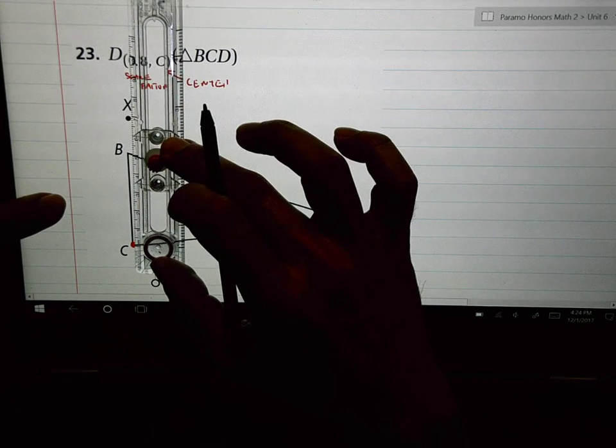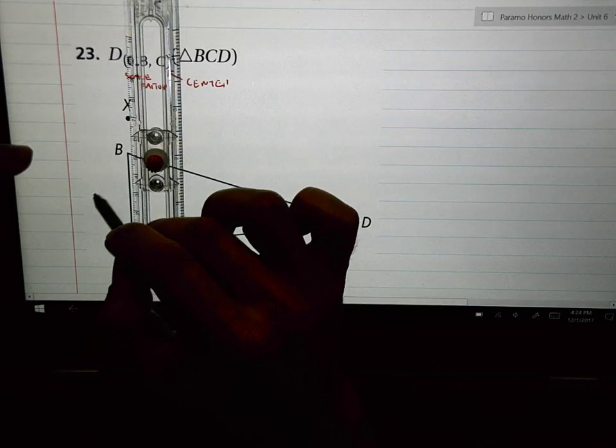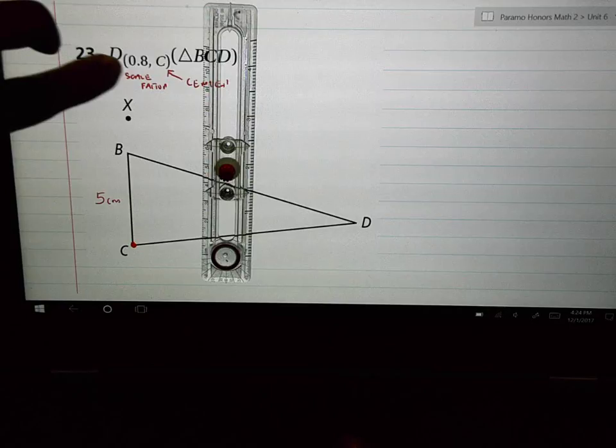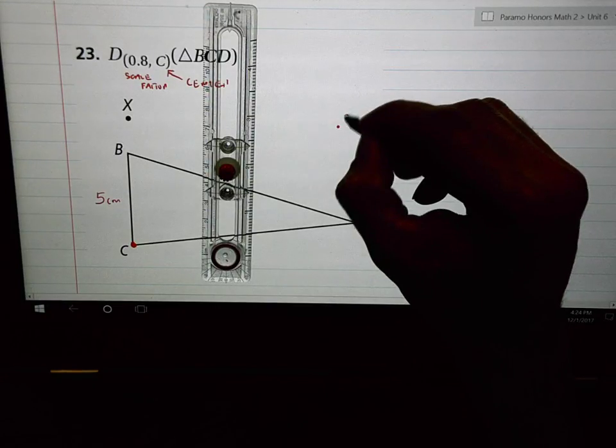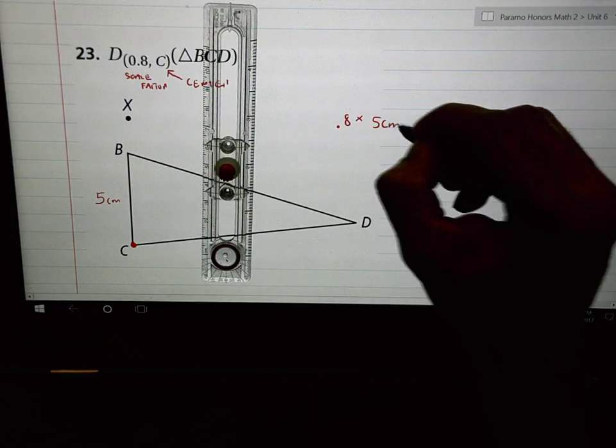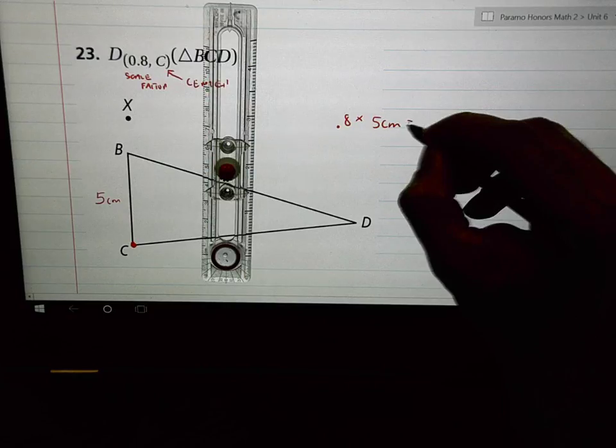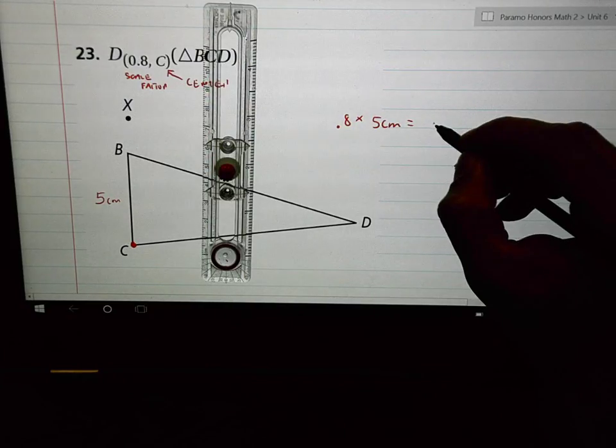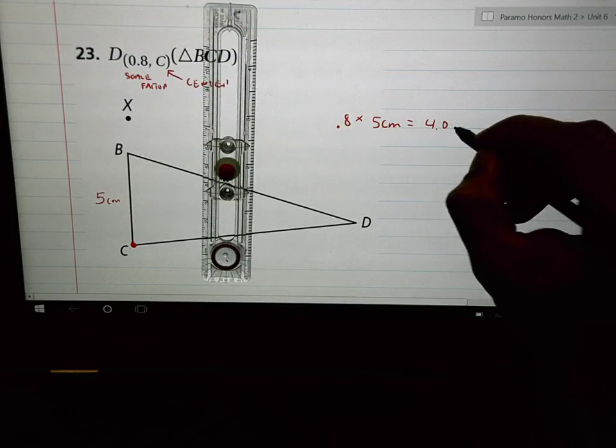Just for simplicity's sake, I'm going to pretend that this side here is 5 centimeters. Because right now, that's what that says. The length of BC is 5 centimeters. Which means that if I go 0.8 times whatever you get, I got 5 centimeters, and it is 4.0 centimeters.